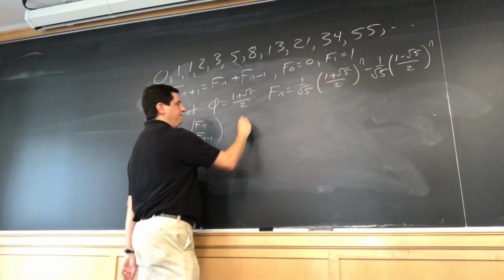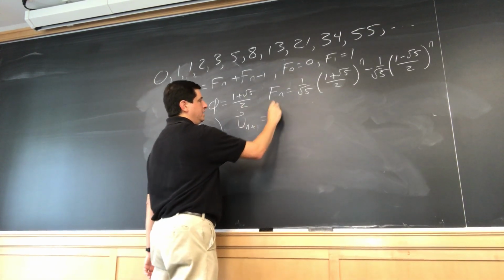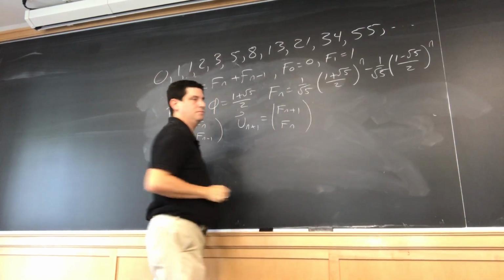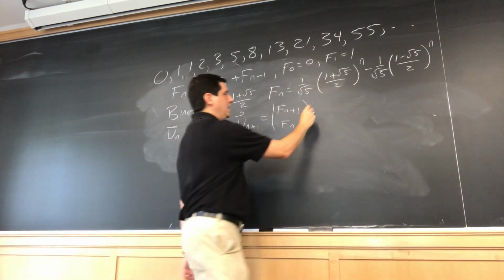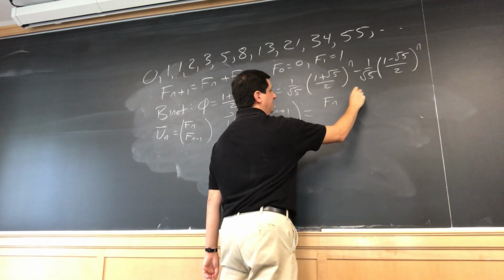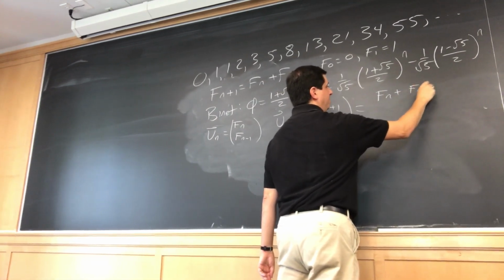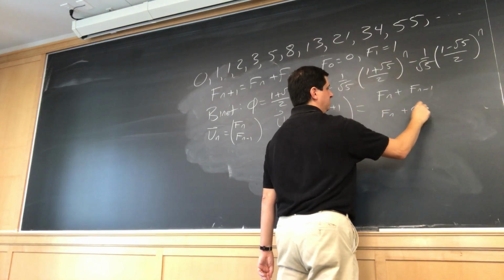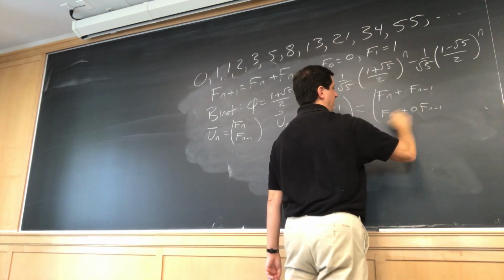So Vn plus 1 is Fn plus 1, Fn. Well, that's the same as Fn plus Fn minus 1, Fn plus 0 times Fn minus 1.